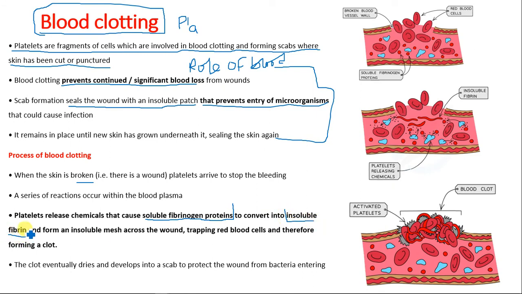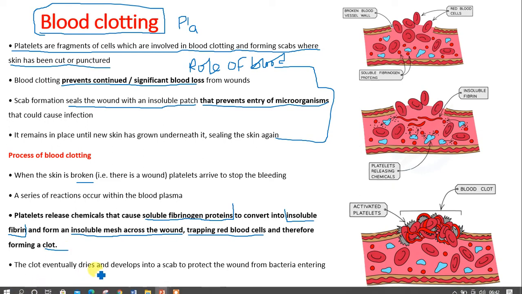The insoluble fibrin forms an insoluble mesh around the wound by trapping red blood cells and therefore forming a clot. Simple.